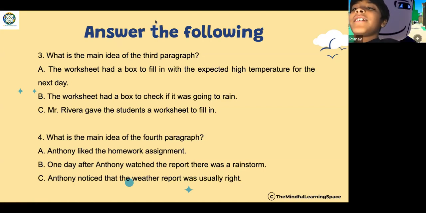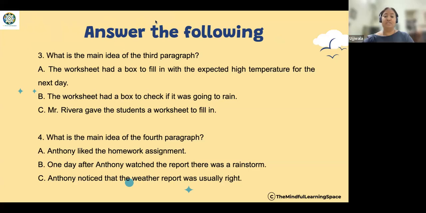What is the main idea of the third paragraph? The worksheet had a box to fill in with the expected high temperature for the next day. The worksheet had a box to check if it was going to rain. A. Chitra, what do you think?